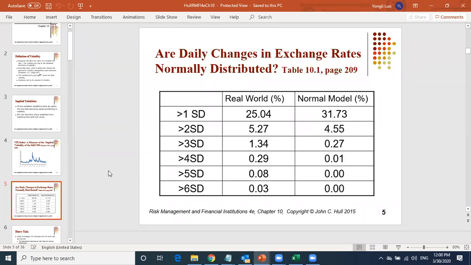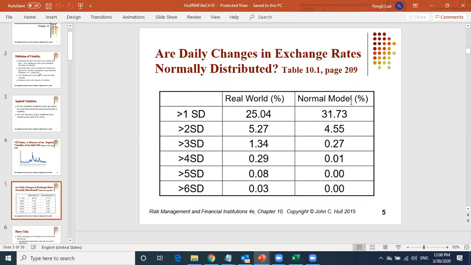We know that in the normal distribution curve, most of the values will be close to the mean. We can see this is the real world percent about 1 standard deviation, and this is the normal model, which is higher than the real world.